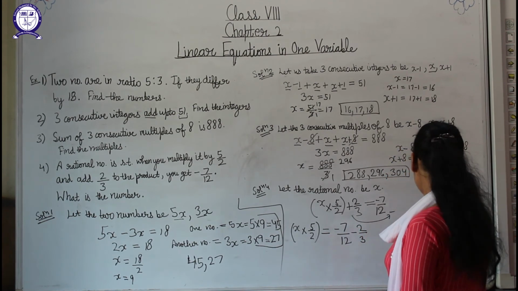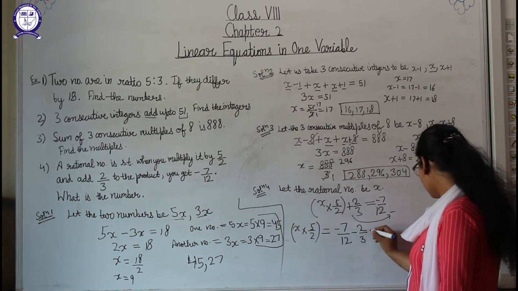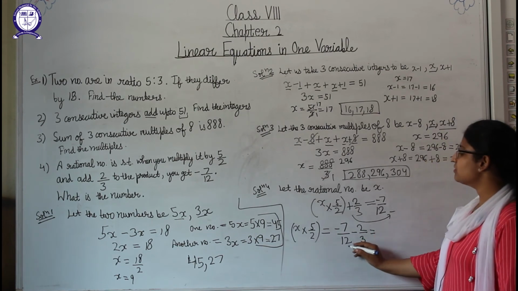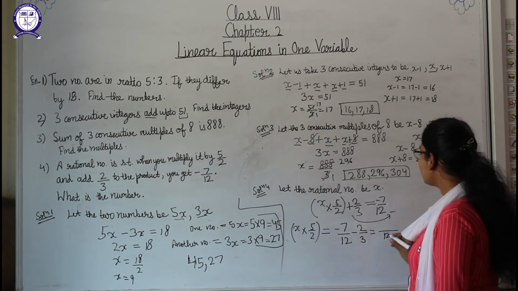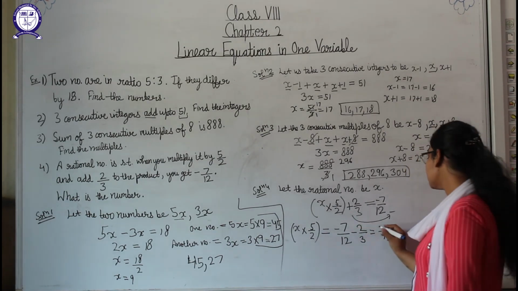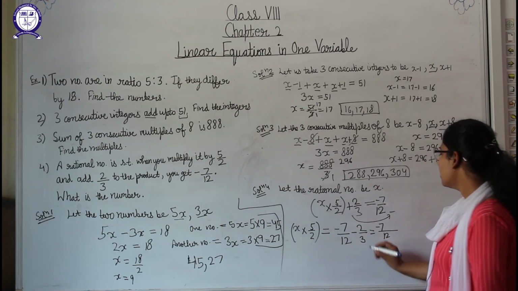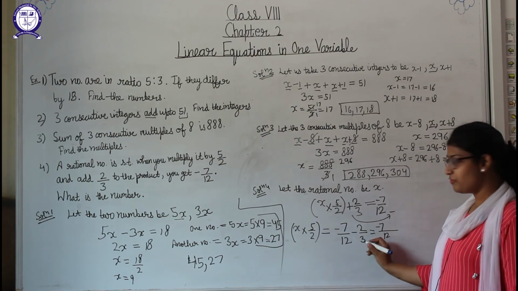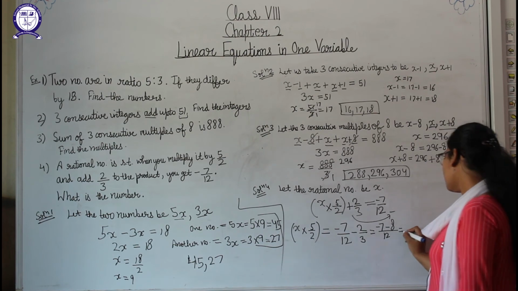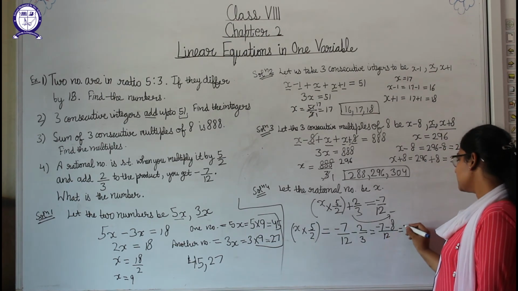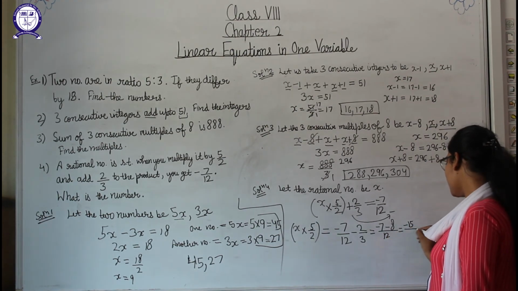Now students, what will we do? We will solve this by taking the LCM. So the LCM of 12 and 3 will be 12. Now 12 divided by 12 will be 1, and 1 into minus 7 will give us minus 7. Now 12 divided by 3 will be 4, and 4 multiplied by minus 2 will give us minus 8. Now minus 7 and minus 8 will be minus 15 by 12.